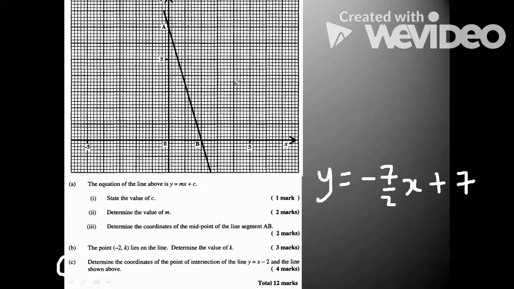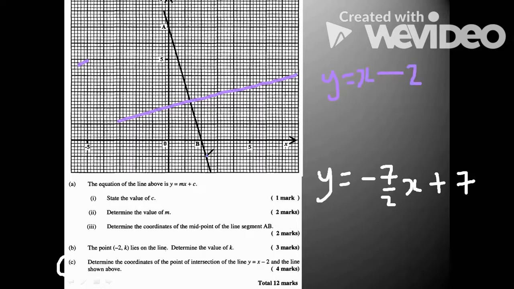All right, so what's really happening here is that there's another line. Hypothetically, let me just draw another line. There's another line, and that line is called y equals x minus 2.